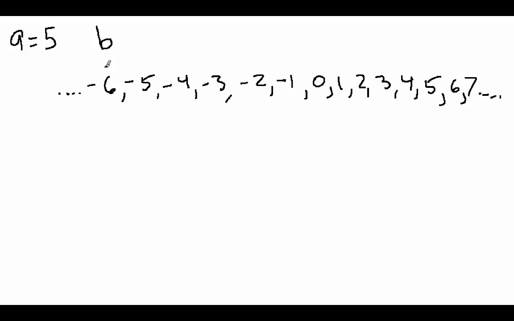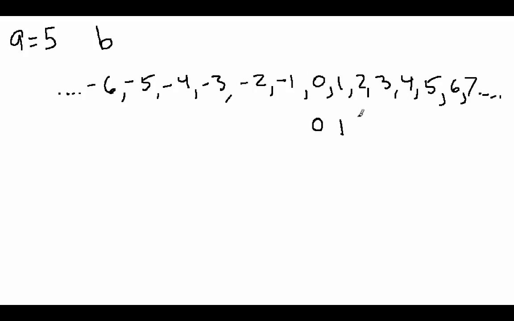And here's what I want to do. I want to take the number 5, and what happens if I divide the number 5 into 0? Well, 5 goes into 0 0 times with a remainder of 0. If I divide A into 1, A goes into 1 0 times with a remainder of 1. I think you can see the pattern here.